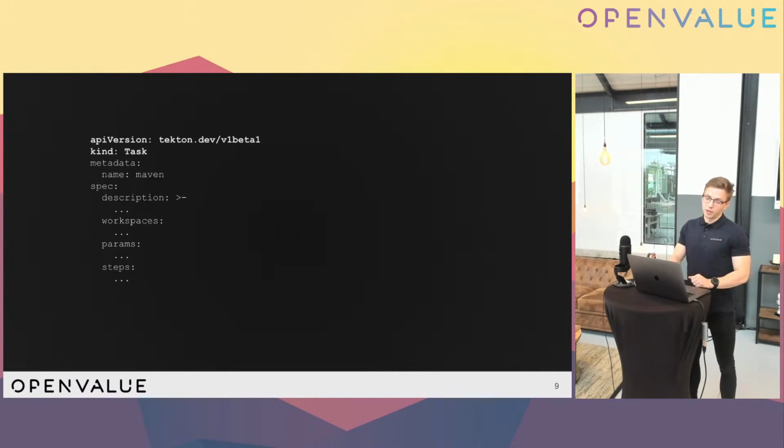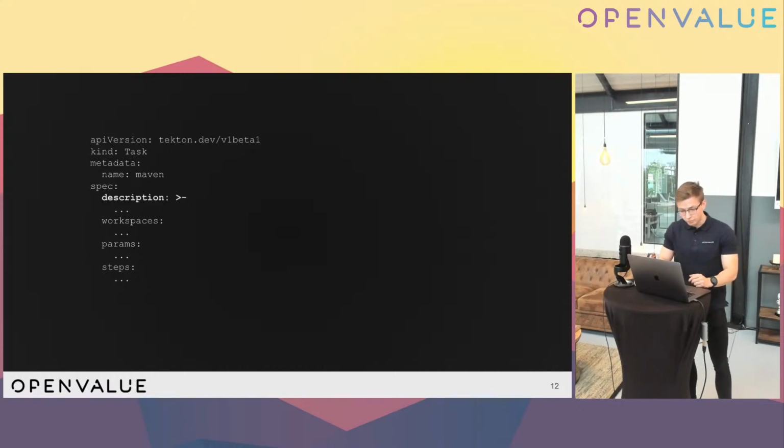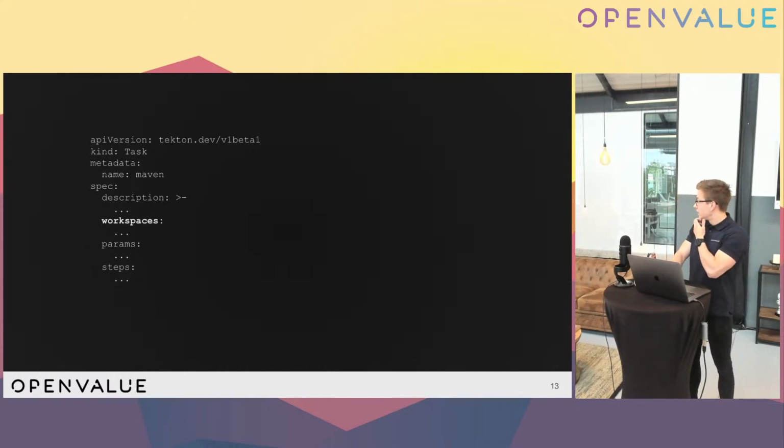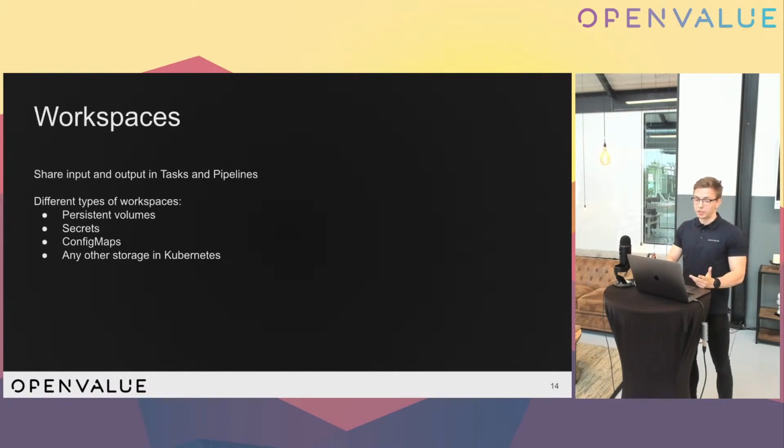At the top, again, we define the API and the resource that we are trying to create. The metadata is really important because we define the name here, and then eventually the specification. The specification contains a description, which is optional, but could be very useful for someone else using it if it's complicated. Then the workspaces, which I will elaborate on a bit more. A workspace could be something that you share as input and output with other tasks and pipelines.